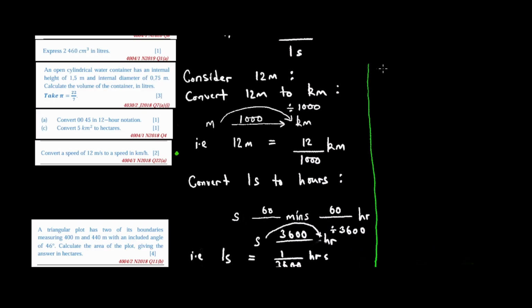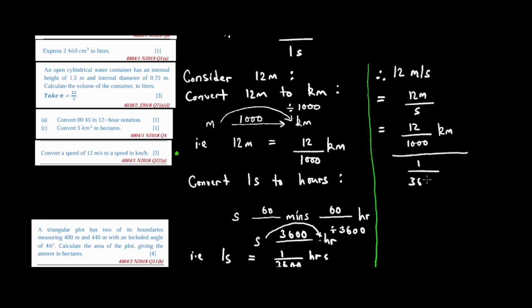Saka panapa zvoreva kuti therefore 12 meters per second, tati this is equal to 12 meters over a second. But ta convert 12 meters to kilometers, tikaona kuti inge iri 12 over 1000 kilometers, tika convert this 1 second to hours, tikaona kuti 1 over 3600 hours.